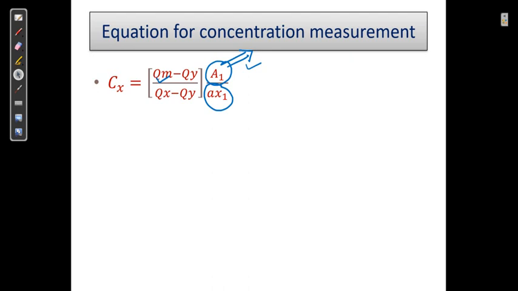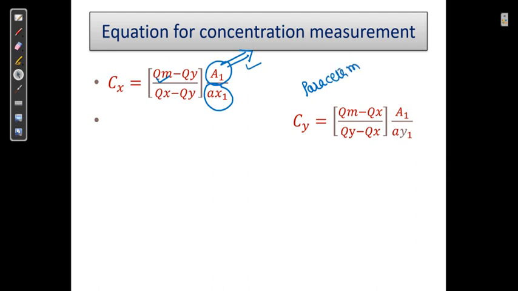We require to calculate Qm, Qx and Qy, which I will show you. Cy is the paracetamol concentration. For Cy, we have A1, then Ay1, then Qx, Qy and Qm.